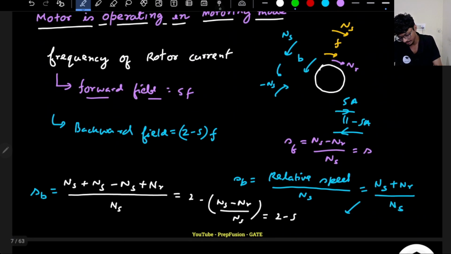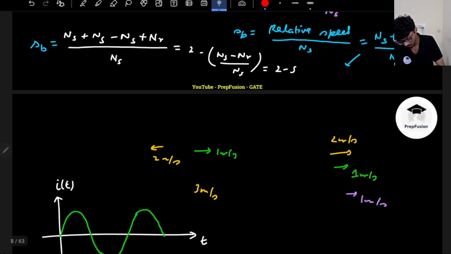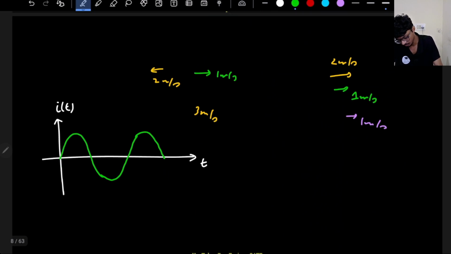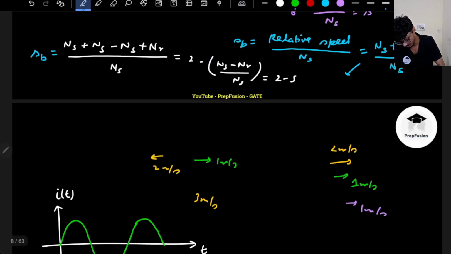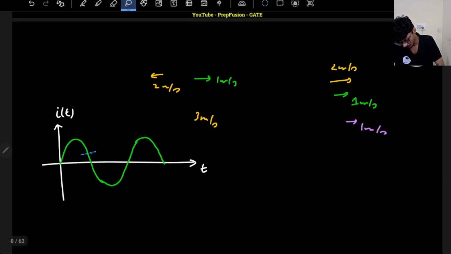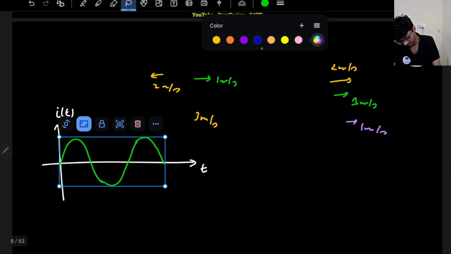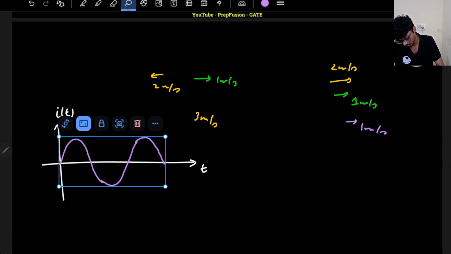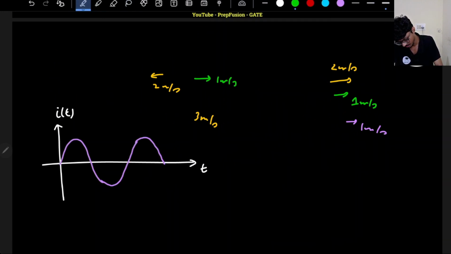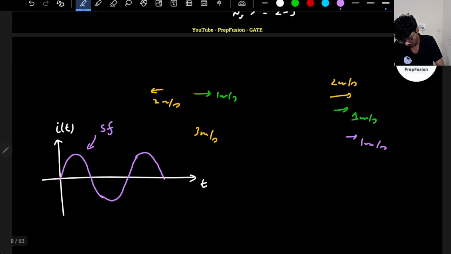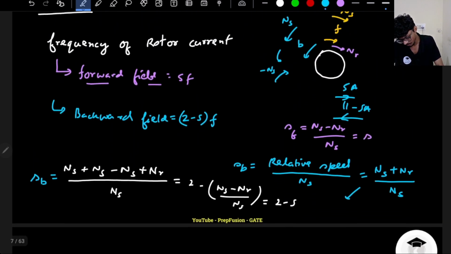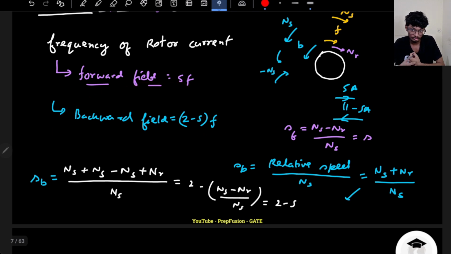The forward field frequency was sf. Now the backward field frequency is (2 minus s) f.